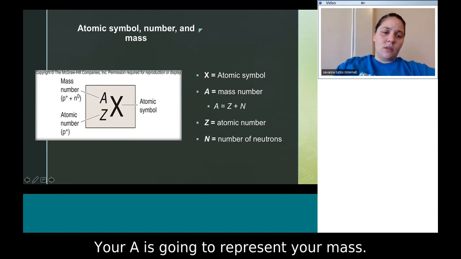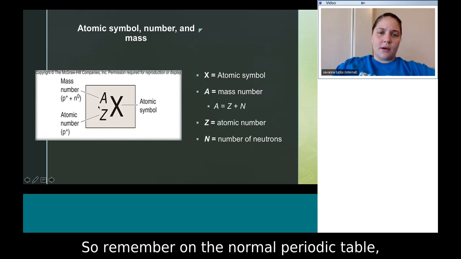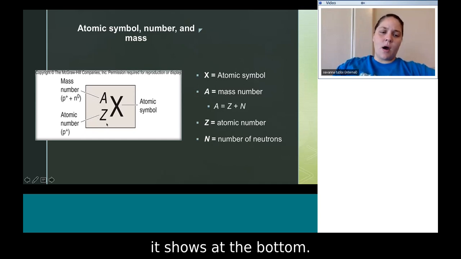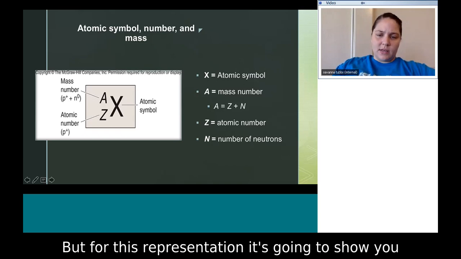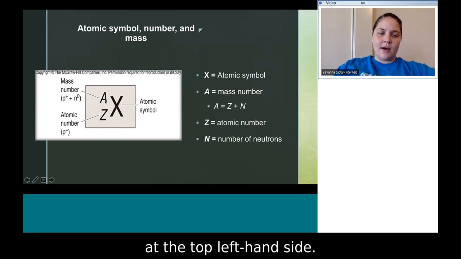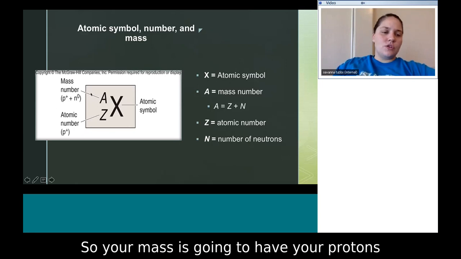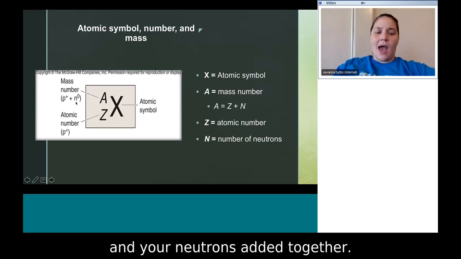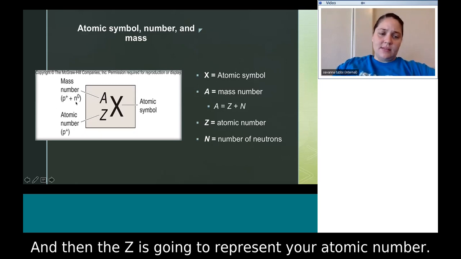Your A is going to represent your mass. Remember, on the normal periodic table, it shows at the bottom. But for this representation, it's going to show you at the top left-hand side. Your mass is going to have your protons and your neutrons added together. And then Z is going to represent your atomic number.